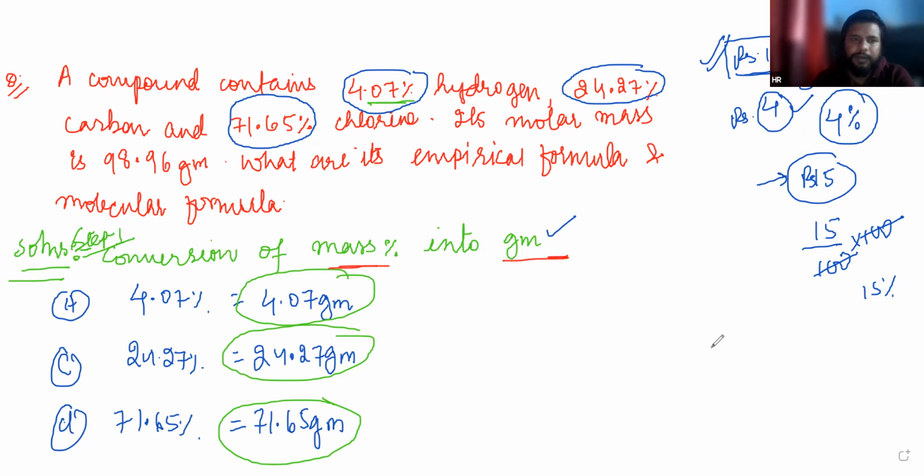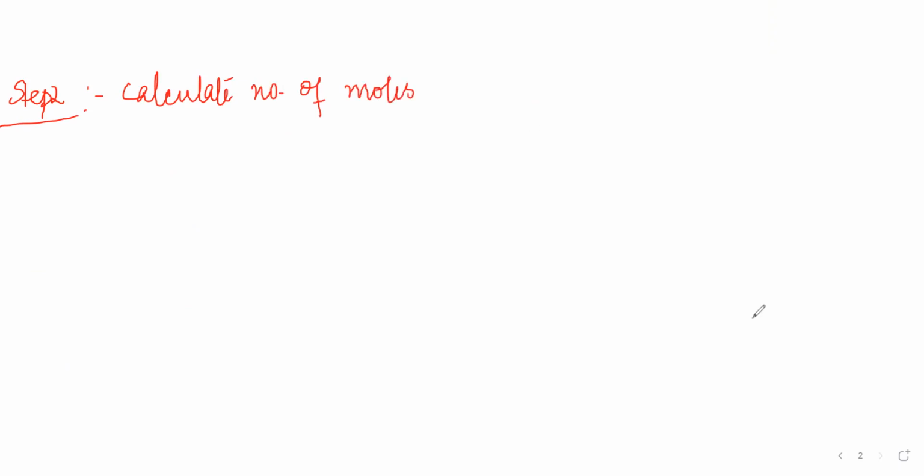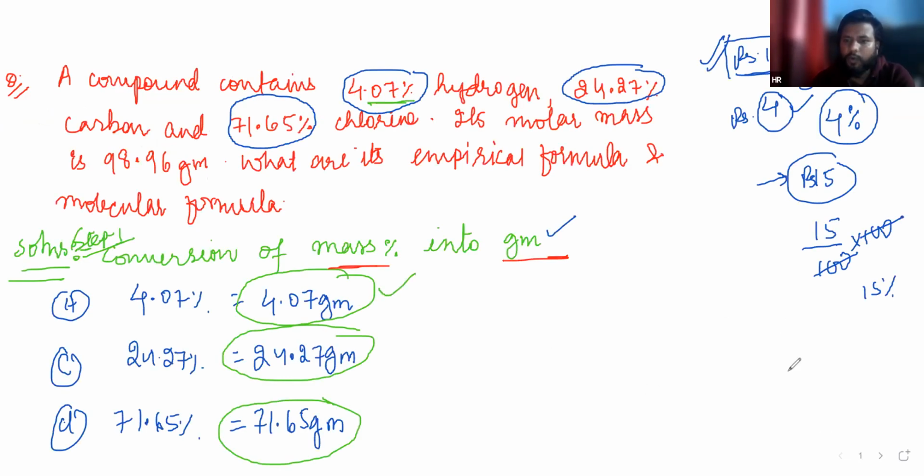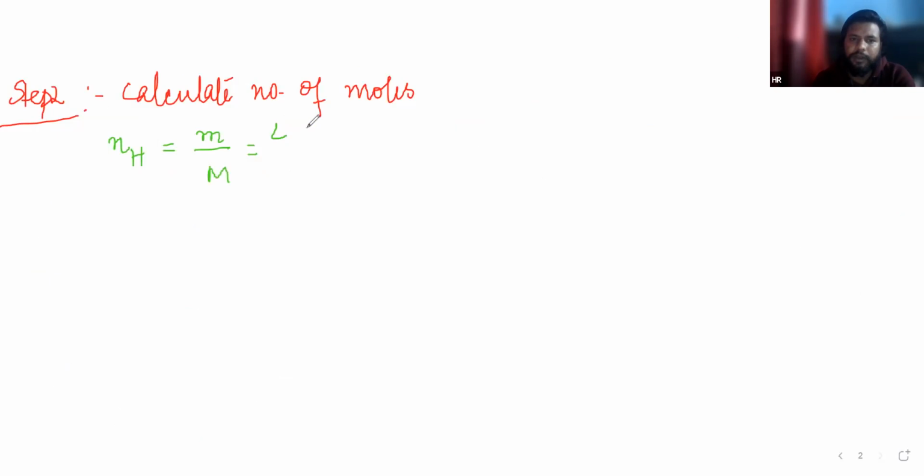Step 2 is calculate number of moles. Number of moles of hydrogen equals given mass upon molar mass. The given mass of hydrogen is 4.07 gram, and the molar mass of hydrogen is 1. Then it will be equal to 4.07 moles, approximately 4 moles of hydrogen.